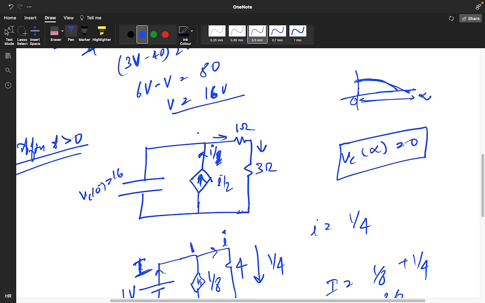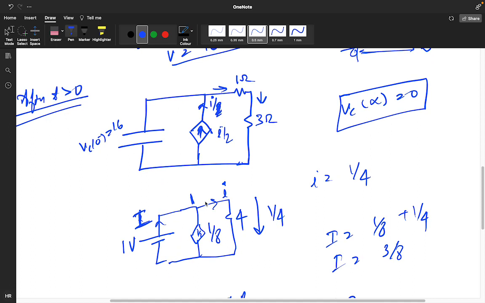Oh, I made a mistake here. So this is 16, so 16 by 4. No, it's correct only. We assume the test charge voltage is how much? 1. So 1 divided by 4, 1 by 4 we will get as current. And the current, oh, it's coming in this direction. It's coming in this direction. So it will be 1 by 8.